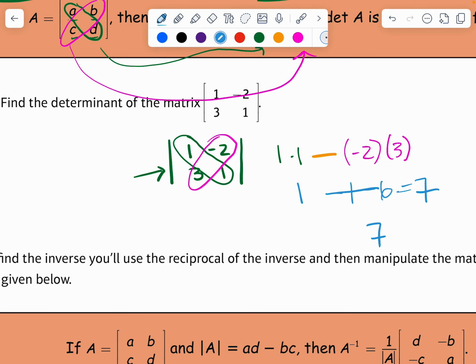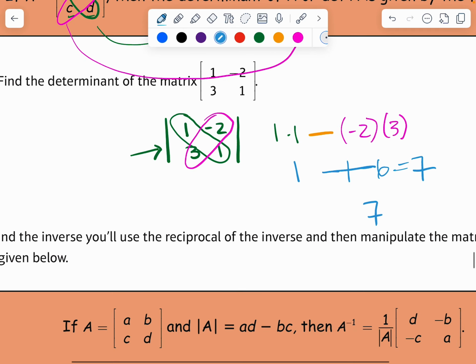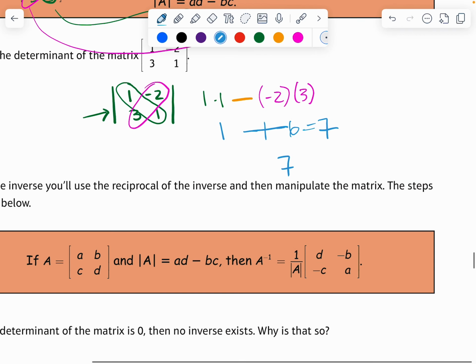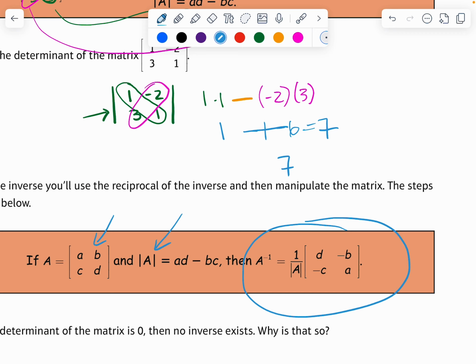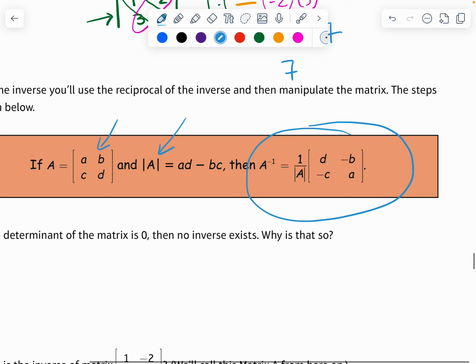Now, in order to find the inverse, we have the matrix that we started with, and we found the determinant. Now, this right here is our inverse. We put 1 over the determinant.